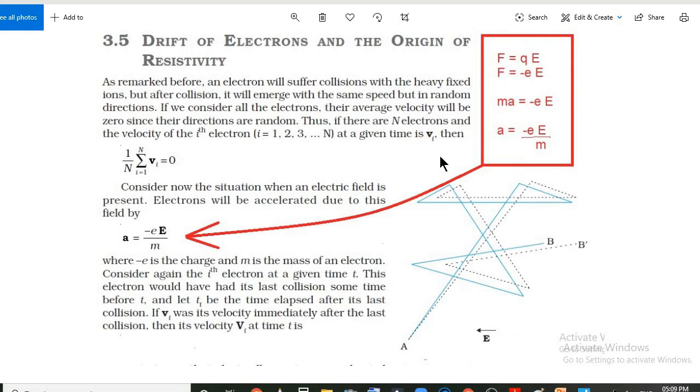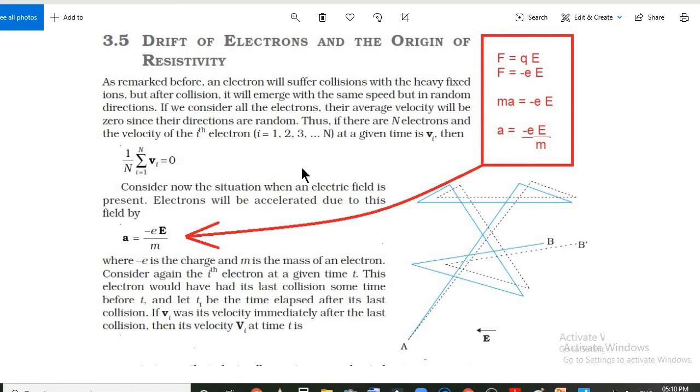And if you add all the velocities of all the electrons in the material, v1 plus v2 plus v3 plus v4 plus so on up to vn, that will get 0. Because in the absence of an external electric field, before you apply a battery, electrons are in random motion that cannot be considered as a motion.